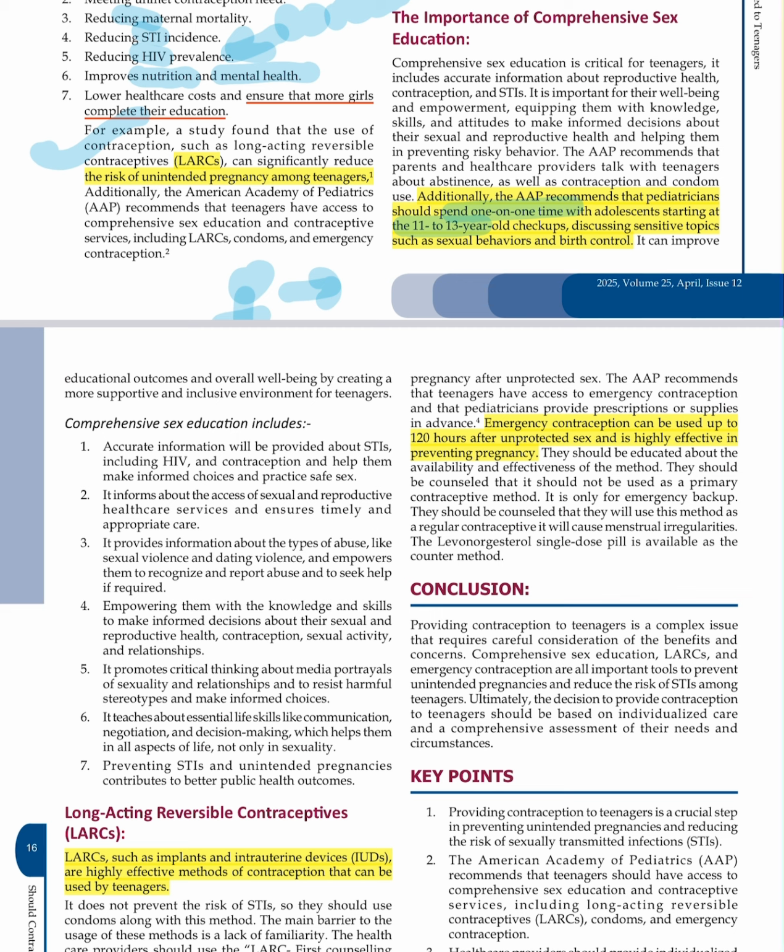What is one-to-one time? If the adolescent has a mother or father with her, ask them to leave the room. You talk one-to-one. Sensitive topics, sexual behaviors and birth control should be educated to them. Don't lecture that you are of a very small age, why are you doing this and that. They have already started. So just go for contraception, sexual behavior and birth control measures.